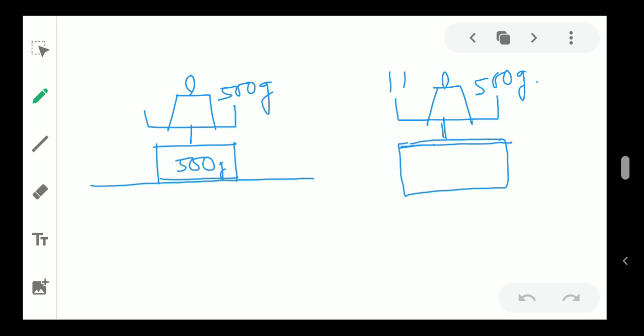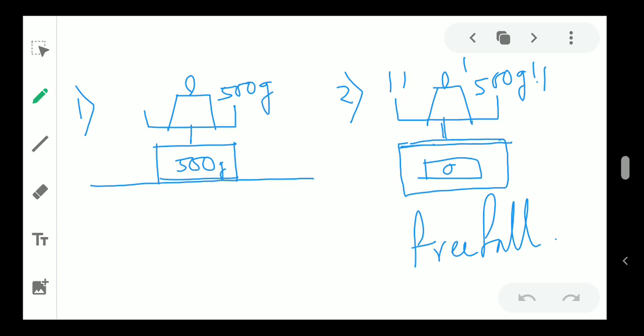So when it is falling, you can see that the weighing scale will show 0. Now the question is, why is it showing 500 gram in case A when it is on the ground, and why is it showing 0 when it is under free fall?